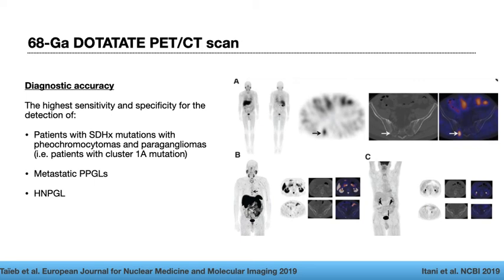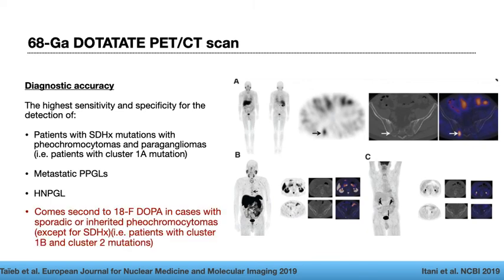To assess for any occult recurrent disease, another PET scan was performed 1 week later, but this time using gallium-68 dotatate, which is shown in panel B, and demonstrated widespread somatostatin receptor positive bone metastatic disease with marked tracer uptake, which is indicated by the arrows.